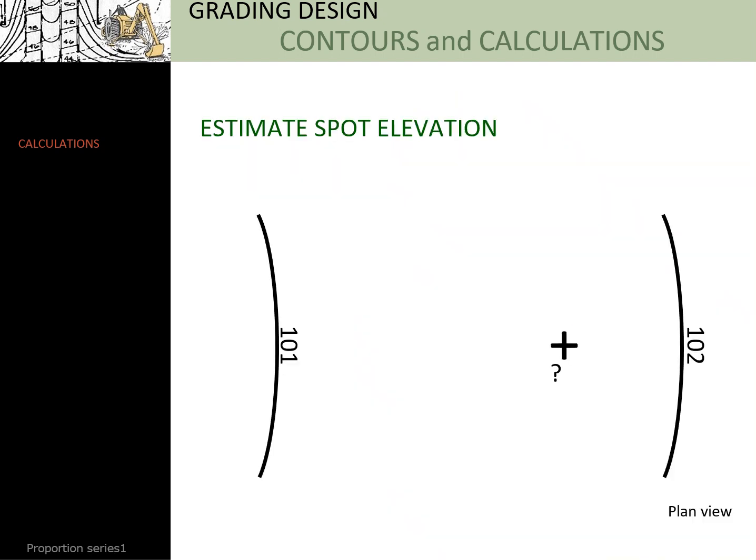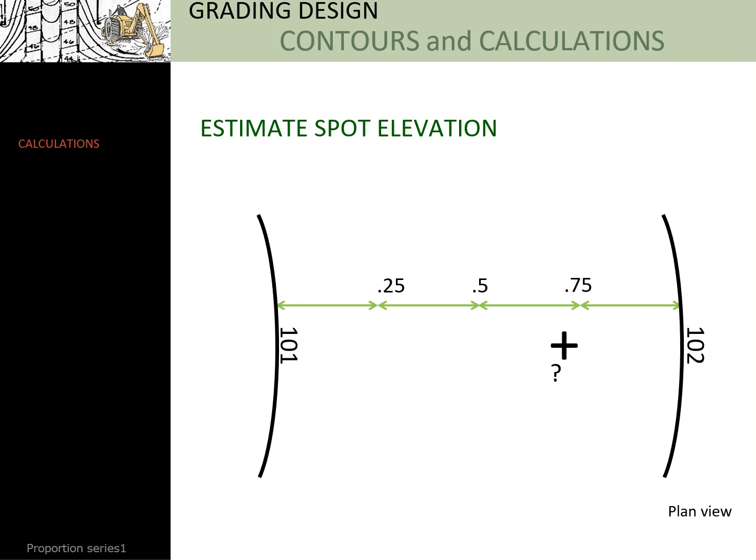Also, slope being proportional can help us estimate spot elevations. In this example, you're provided two contours and a spot in between them. Let's take an educated guess of how high the spot elevation is in light of slopes being proportional. Alright, I divided the contour spacing into 4 segments.